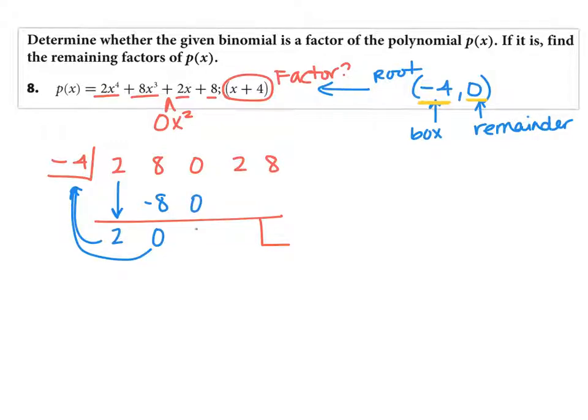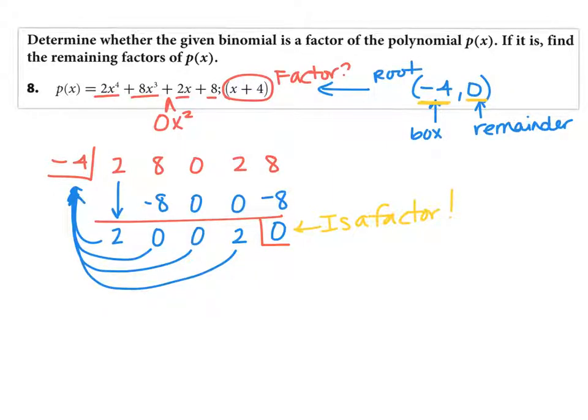Add straight down: 0. 0 times -4 is 0. Add straight down: 2. 2 times -4 is -8. Add straight down: 0. Okay, so what I did prove is that because this is the remainder, -4 is the root. So that means that this is a factor.